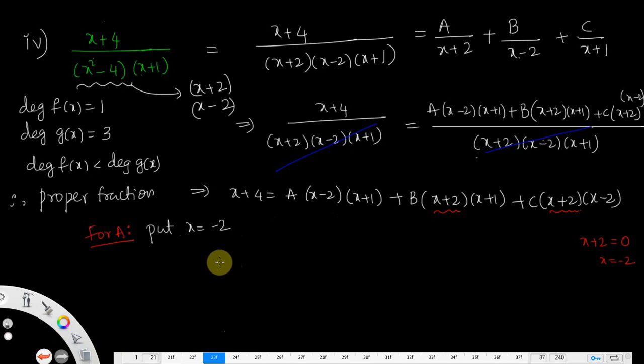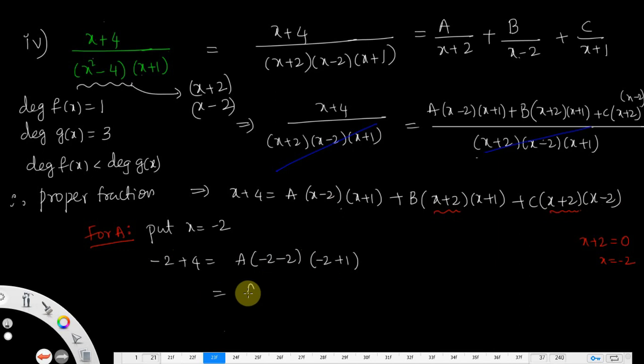For finding the value of a, make the b part and c part 0. Then we can observe in this expression x plus 2 is a common factor. Then x plus 2 equal to 0. Put x equal to minus 2 in the b and c terms. Then b becomes 0 and c becomes 0. Then we can find the value of a. So that is minus 2 plus 4 equal to a into minus 2 minus 2, in the place of x write minus 2 only, minus 2 plus 2 is obviously 0, then we get a.